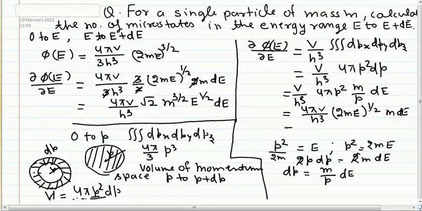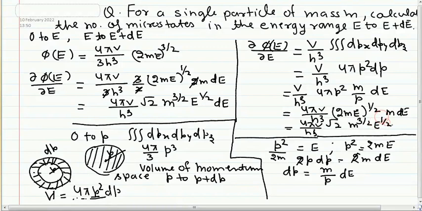So we will get the same answer as here, that is 4 pi V by h cube, and then this root 2, and m into m means m to the power 3 by 2, and then E to the power half into dE. So we can solve this question in these two different manners, but the first is easy.